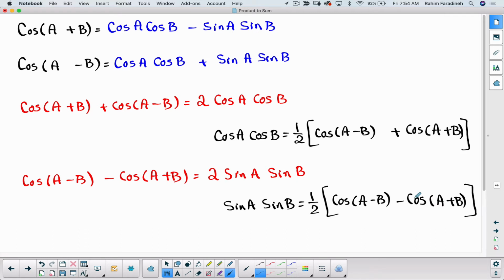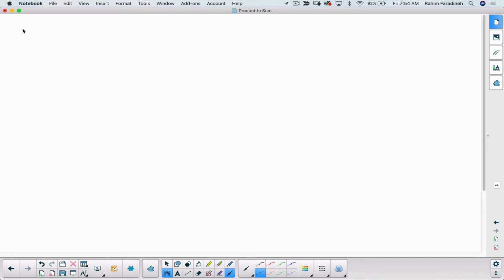So we got two formulas so far. We have cosine cosine and we have sine sine. Now if I'm interested to find a relationship for the product of sine and cosine, we have to do a little bit of work with these two formulas. We covered this already: sine of a plus b and sine of a minus b.